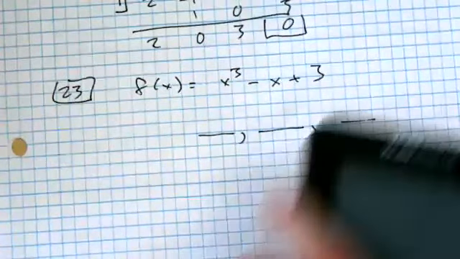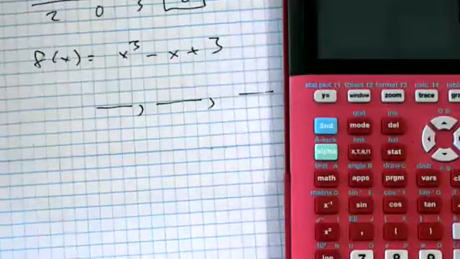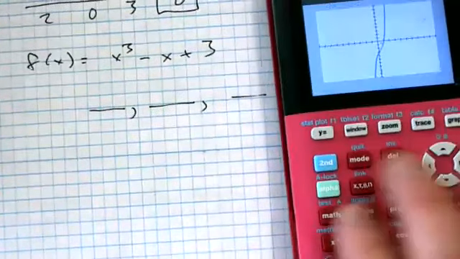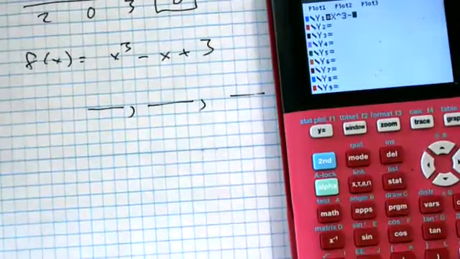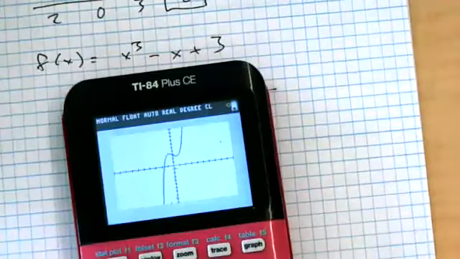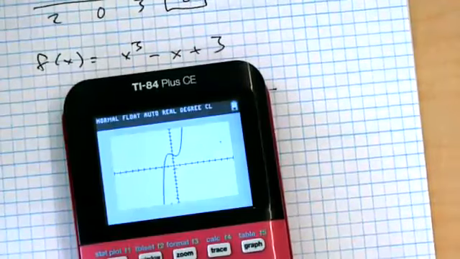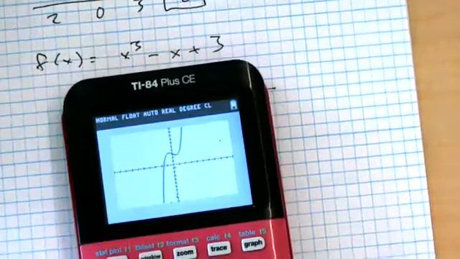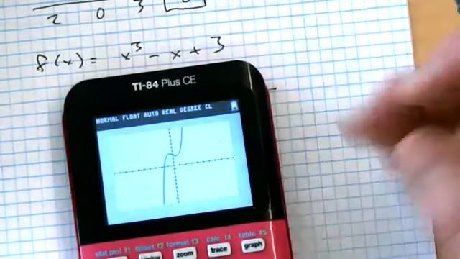I'd say graph it. There's an x-intercept. That means it's a real 0. So x cubed minus x plus 3. What I'm seeing when I look at that is 1 real 0 because of that x-intercept. And then there's no other x-intercept, so there must be one real and two imaginary.